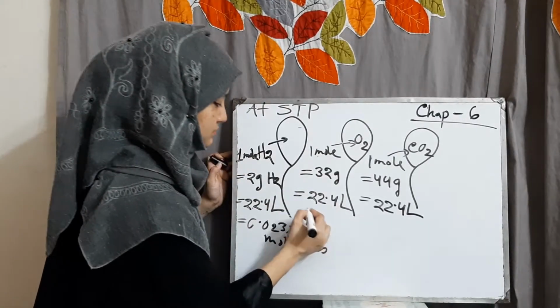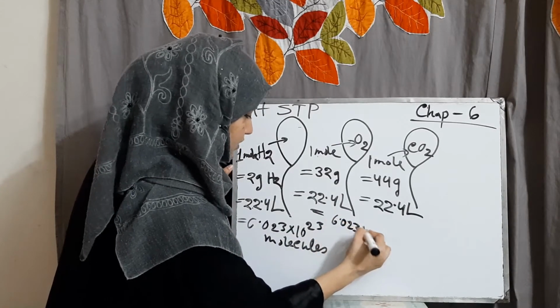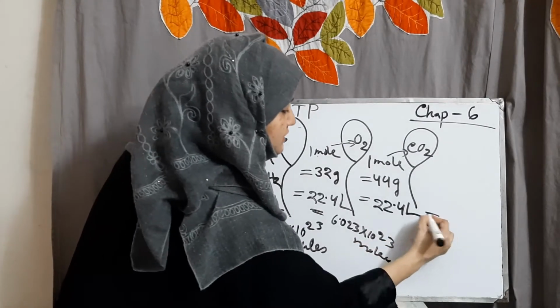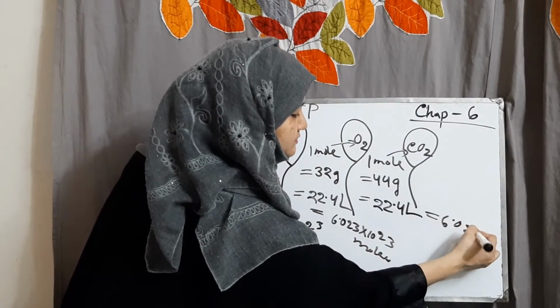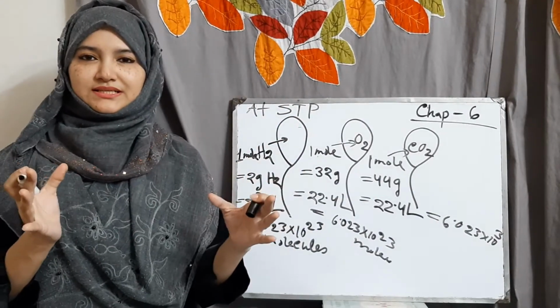For this also, for that also, and for this also the same. Is it clear? Very simple relation.